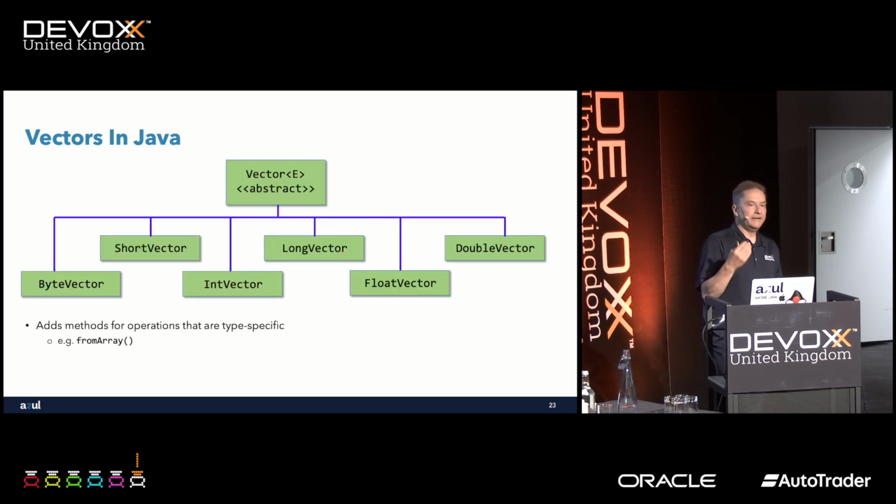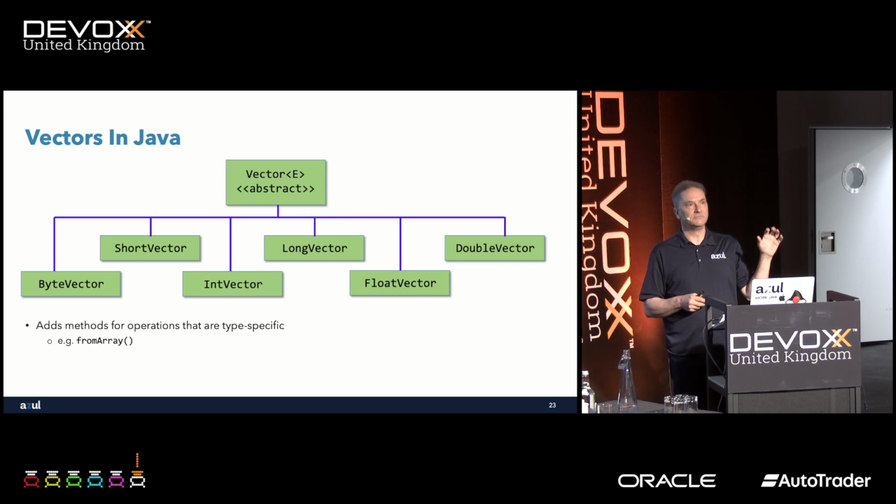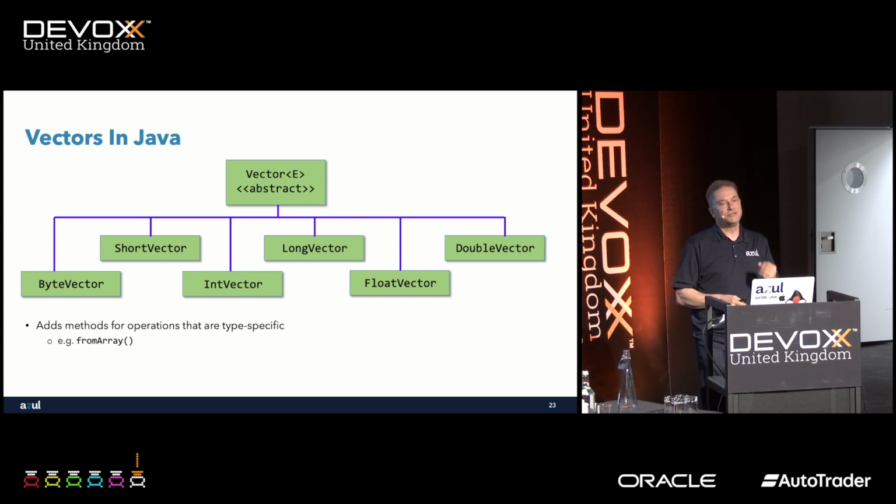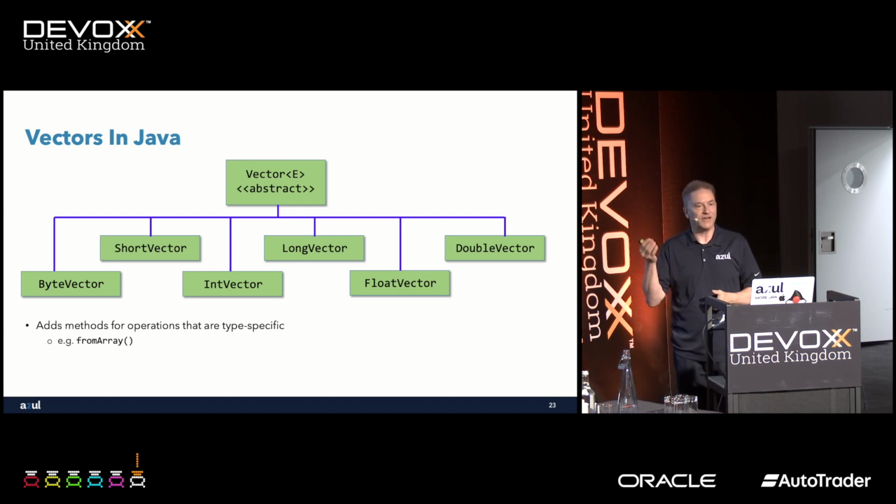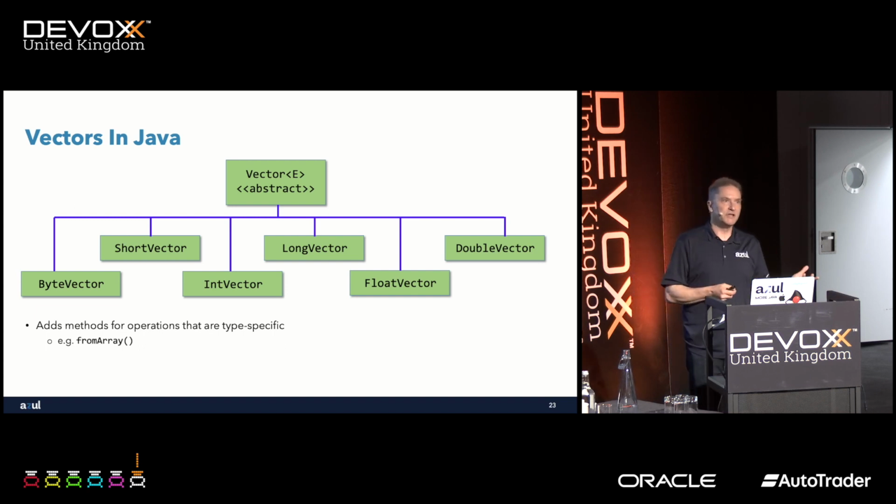What we then have is a set of subclasses, because the Vector class on its own is an abstract class. You can't instantiate it directly. So we create a set of Vector subclasses which represent the primitive types we have in Java: ByteVector, ShortVector, IntVector, LongVector, FloatVector, and DoubleVector. There is no Boolean vector, and obviously no char vector as well.